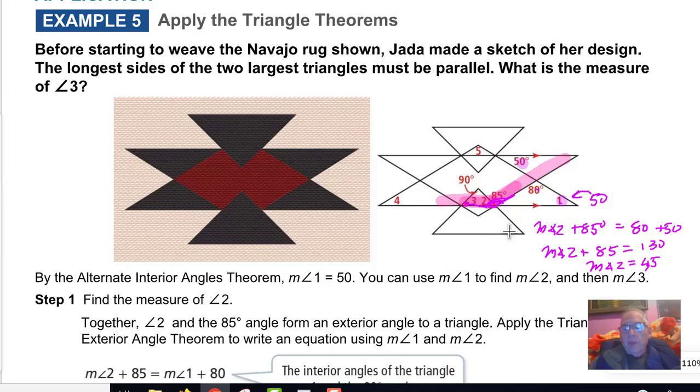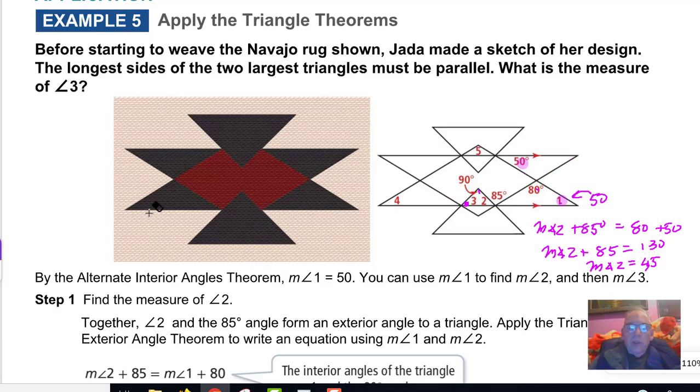Now, next step, since angle 2 is 45 degrees, and the other angle inside this little triangle is 90 degrees, altogether these three angles have to add up to 180, so we can do 45 and 90 and subtract from 180 and find out what angle 3 has to measure. So let me get rid of the markup.